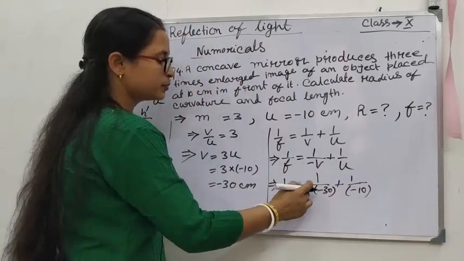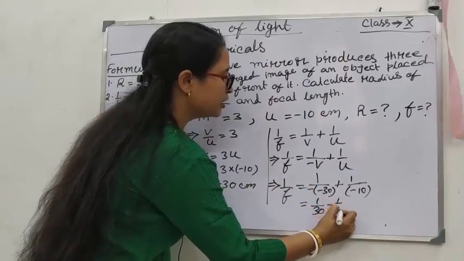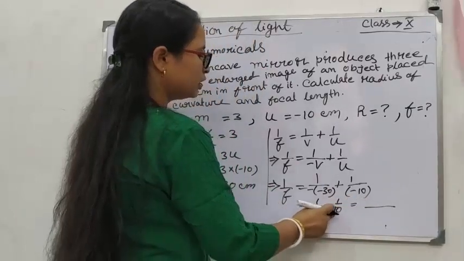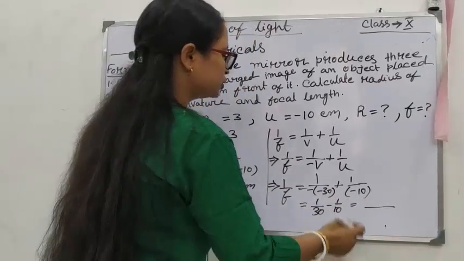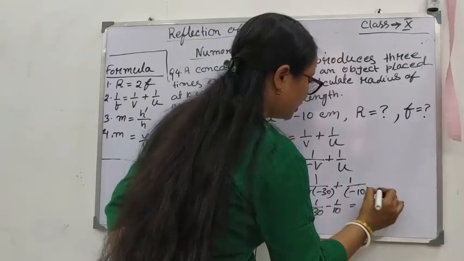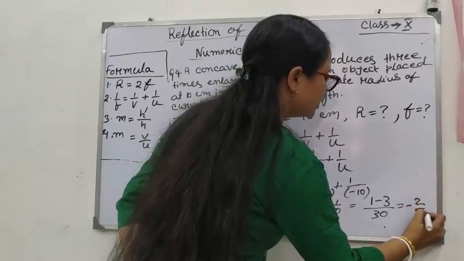Clear? It will be minus minus plus. That means 1 by 30 minus 1 by 10. If you solve this, it will give you 30 and 10. The LCM of 30 and 10 is 30. The 1, and it will be minus 3. So minus 2 by 30.